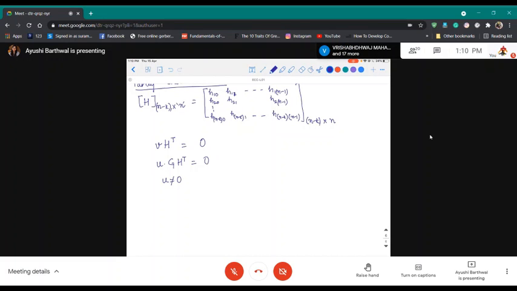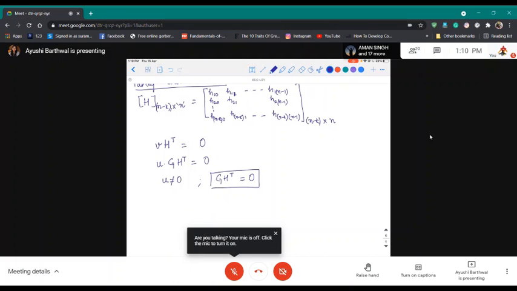Therefore, G H transpose is equal to 0. So this is the formula to find out H.